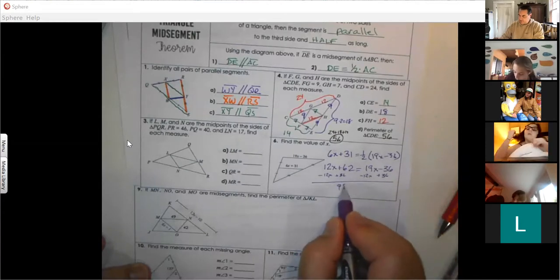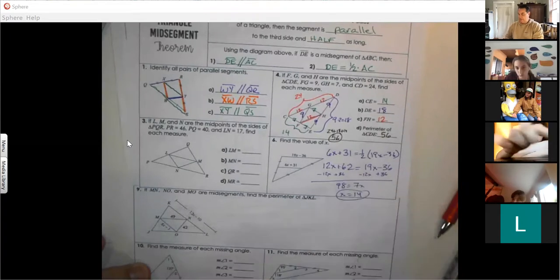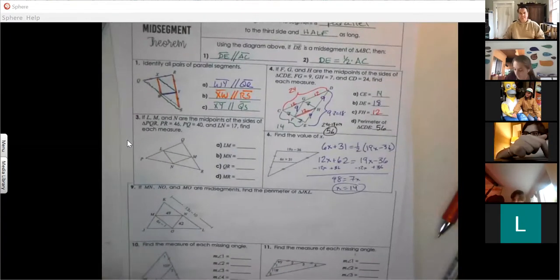And I get 98 equals 7x. So x is 14. This time we didn't use the parallel nature, we just used the half length nature. Any questions on number 6, that is?